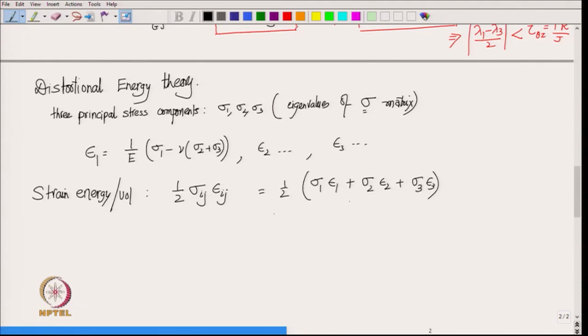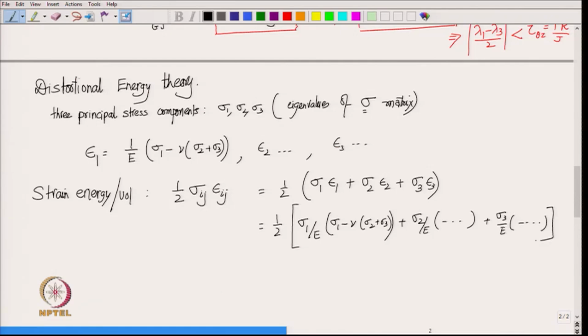So, when we plug it here, we get half of sigma 1 by E into sigma 1 minus nu times sigma 2 plus sigma 3, plus sigma 2 by E into dot dot dot, plus sigma 3 by E into dot dot dot, right.